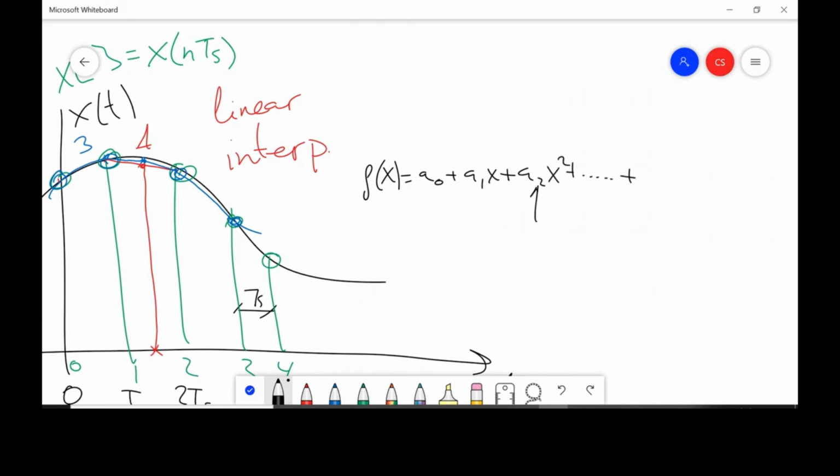And what Taylor tells you is how to calculate these coefficients. So those are something like 1 divided by, I don't remember the formula anymore, but it is something like this. Something like that.